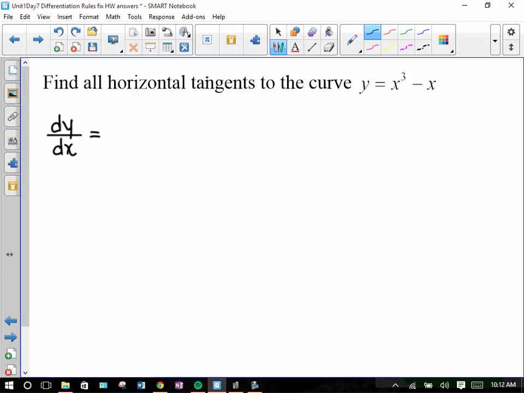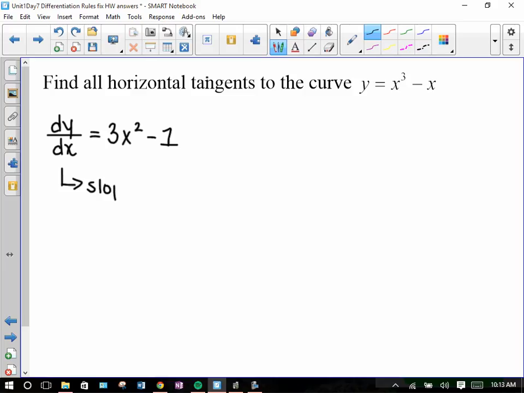Shamar, what would the derivative be of x cubed minus x? 3x squared, minus 1. That's our derivative. So we learned on Friday that the derivative is our slope.